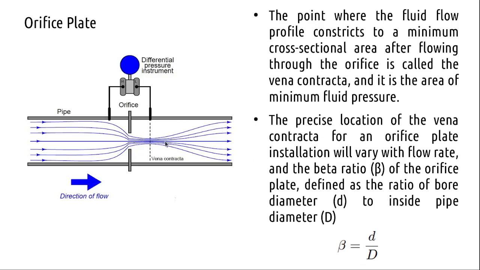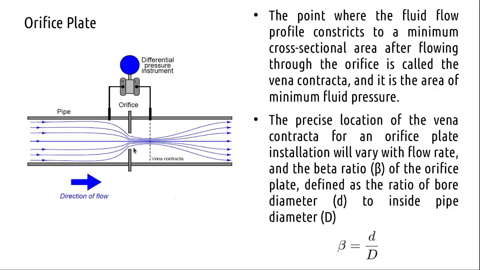It depends on various parameters, which vary with the flow rate, the beta ratio, and the inside diameter to the bore diameter, the diameter of the orifice plate hole. It depends on all these parameters.